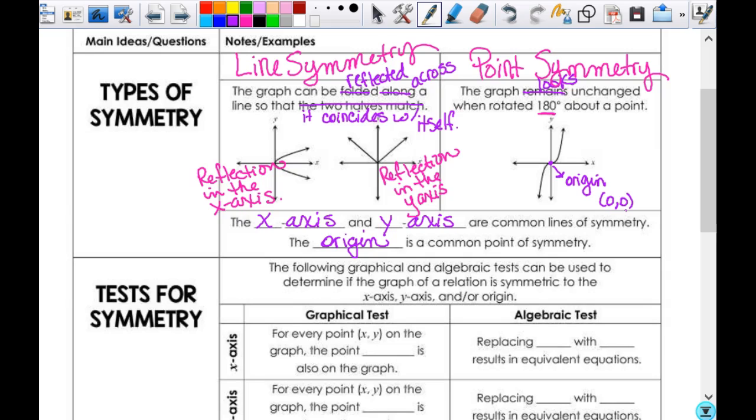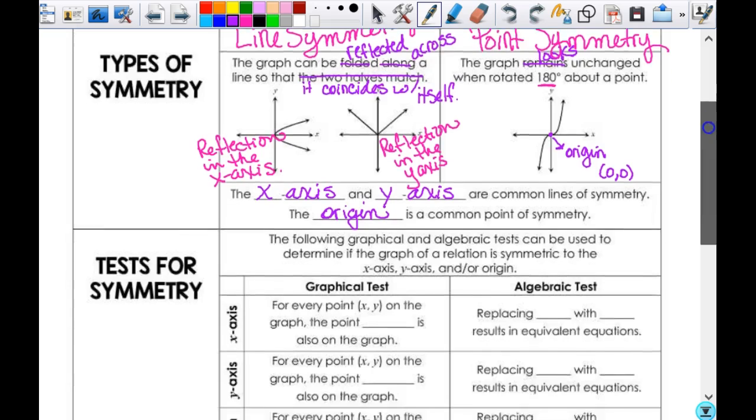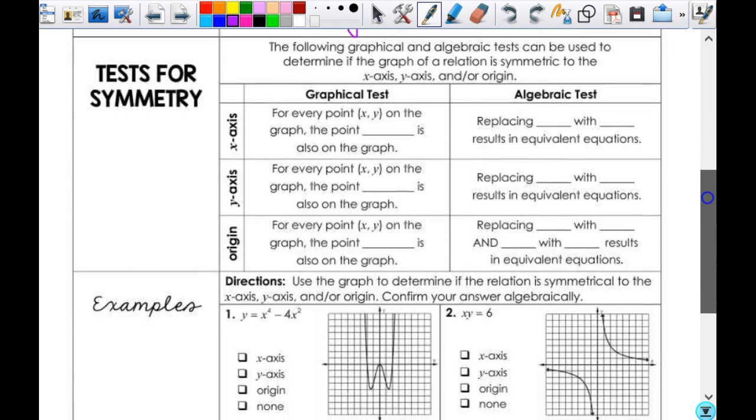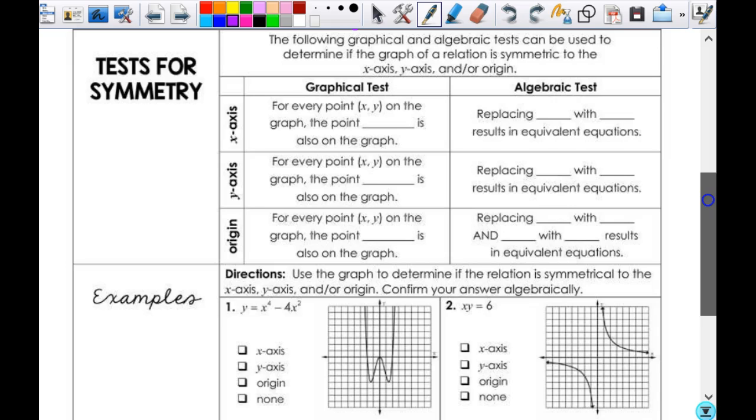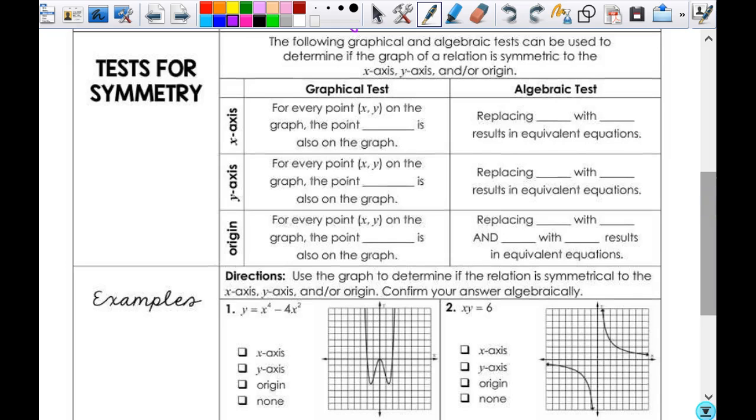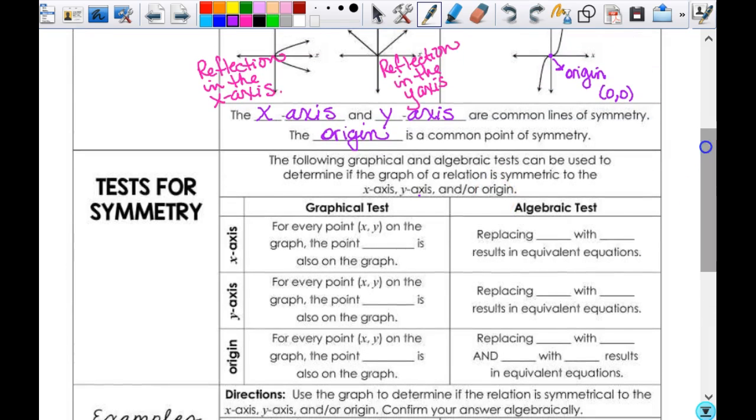So let's see how this works. It says the following graphical and algebraic tests can be used to determine if the graph of a relation is symmetric to the x-axis, y-axis, and/or the origin. Let's look at the graphical test first. For x-axis, it says for every point (x, y) on the graph, the point blank is also on the graph.